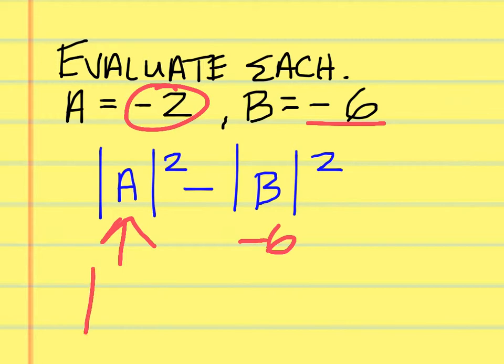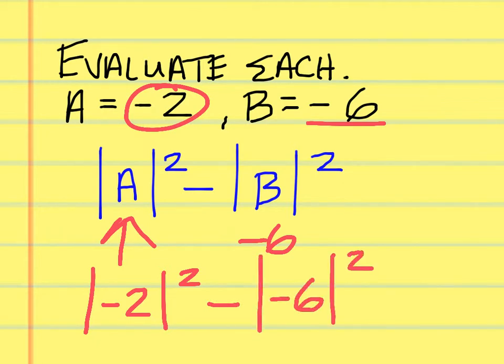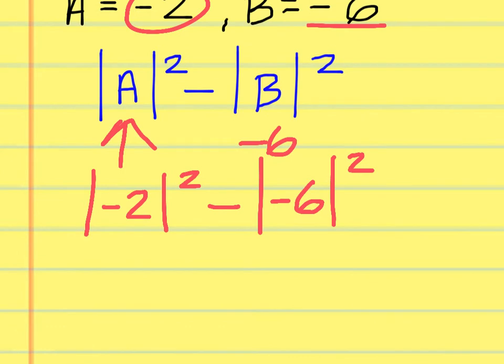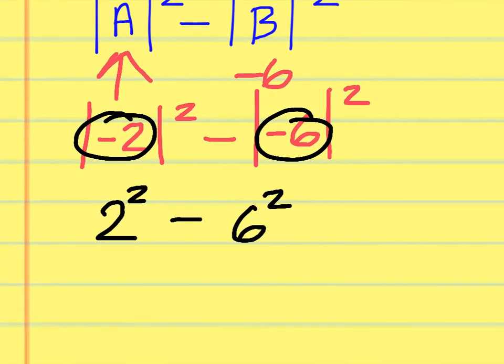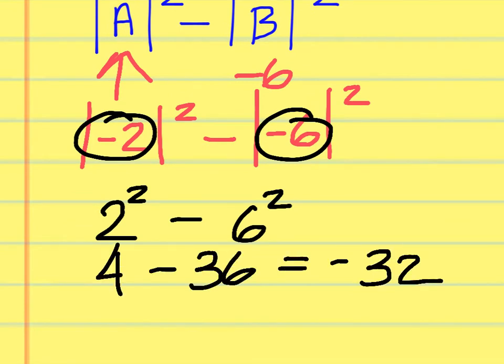But in this case, the absolute value of negative 2, then you have to square that. And for the absolute value of negative 6, square that. You'll come up with a positive 2 from this and square it. And that'll be a positive 6 here. Square that. So you end up with 4 minus 36, which is a negative 32.